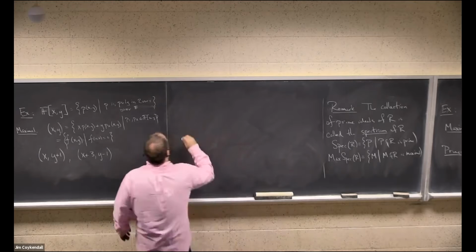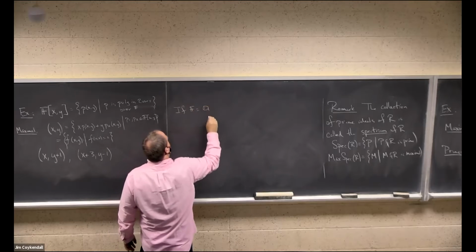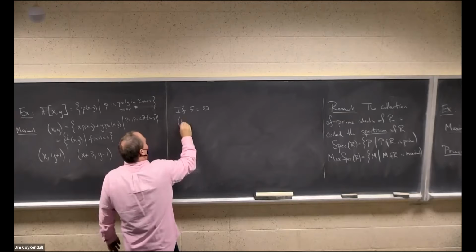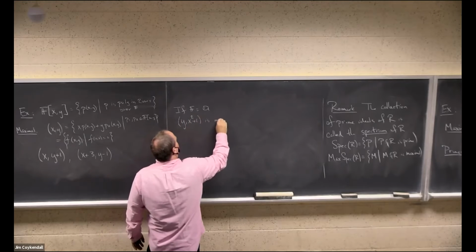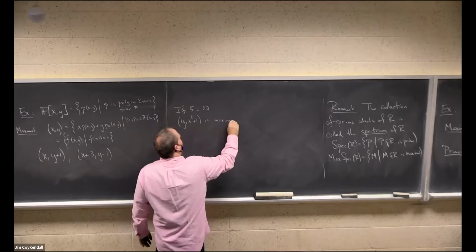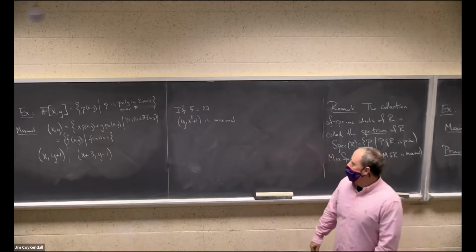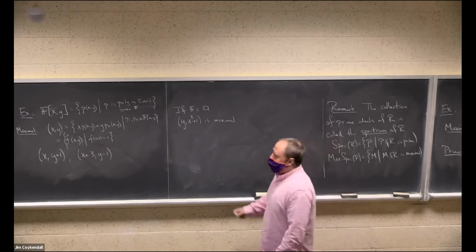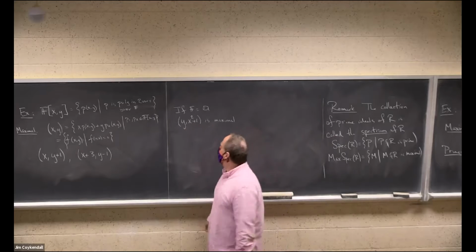Here's another one. If F is the real numbers, then the ideal generated by y squared plus 1 is maximal. This is not true if F is the complex numbers, because the same factors down further.